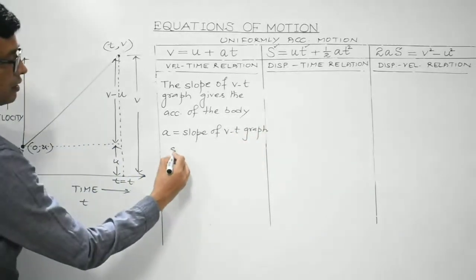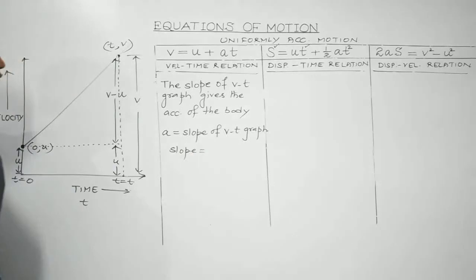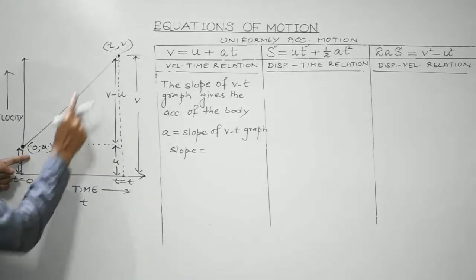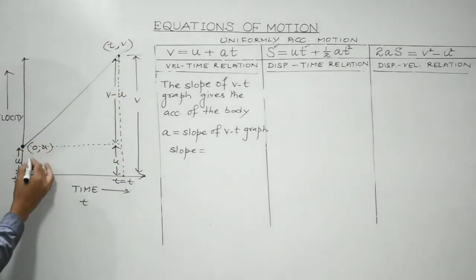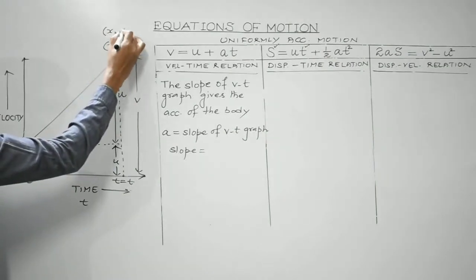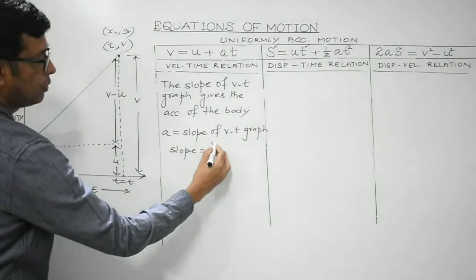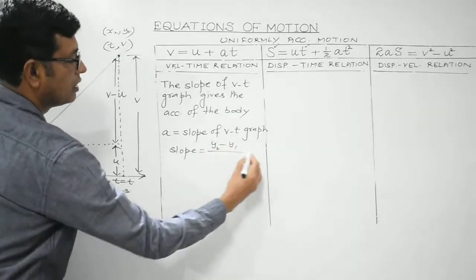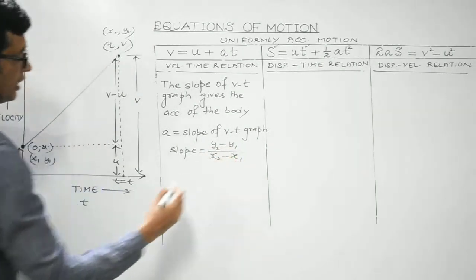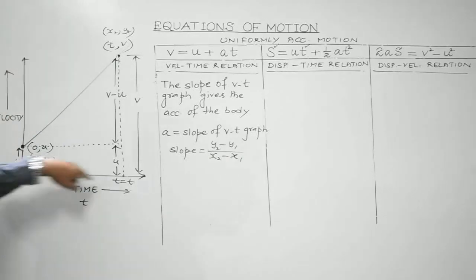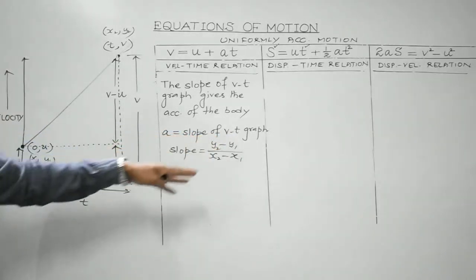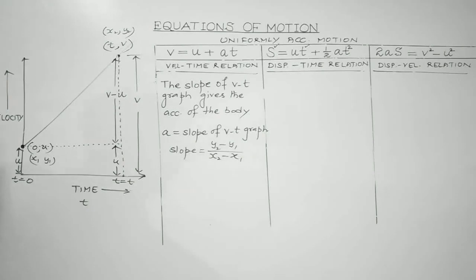And students, I have told you slope: suppose this is x1, y1 and this is x2, y2. What is slope? y2 minus y1 divided by x2 minus x1. This is the y-axis and this one is the x-axis. The horizontal is the x-axis, the vertical line is the y-coordinate.